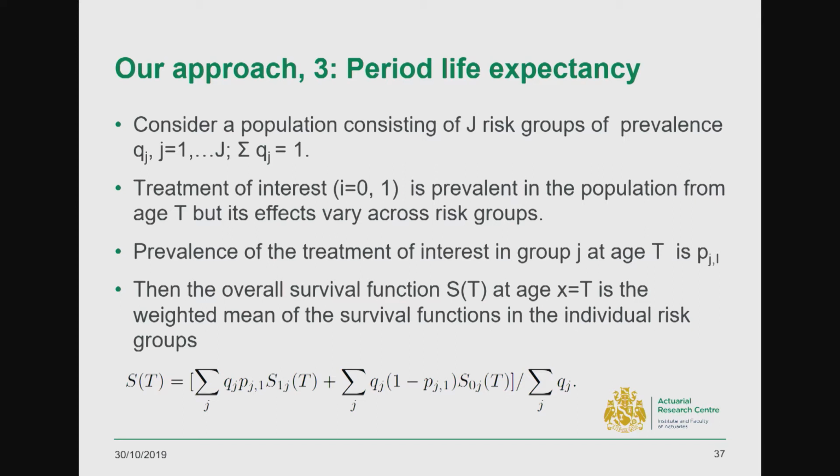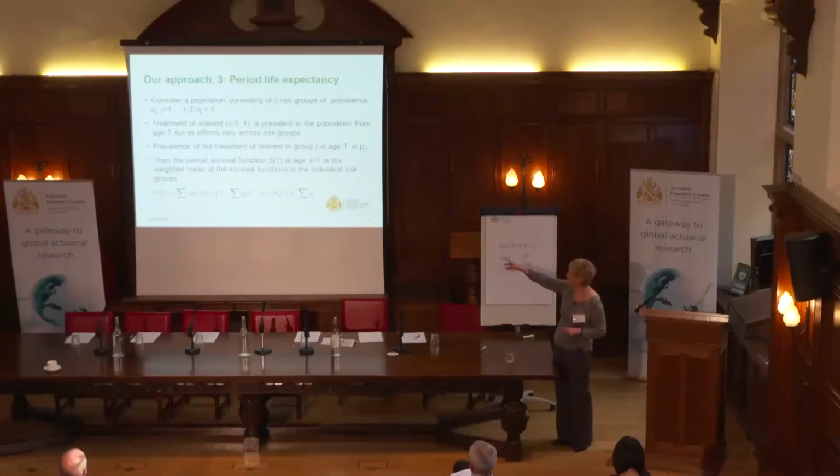I have just 2 sums there because I have binary treatment, 1 or 0, but I could have more than 2 treatment groups. I can have capital I treatment groups, and then I would have capital I sums there. So overall, I would have I times J terms in my split of the survival function into individual survival functions.